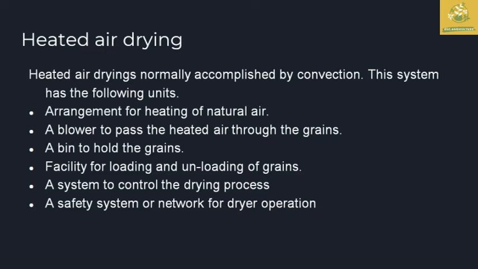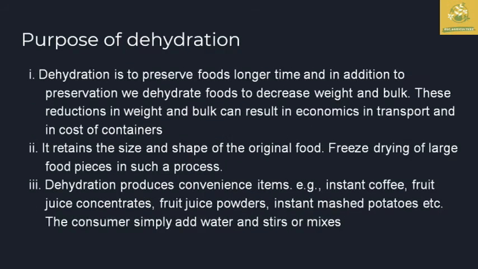A system to control the drying process is also needed, with a trained person, and a safety system as well as a network for drying operation must be maintained in the mechanical drying process.